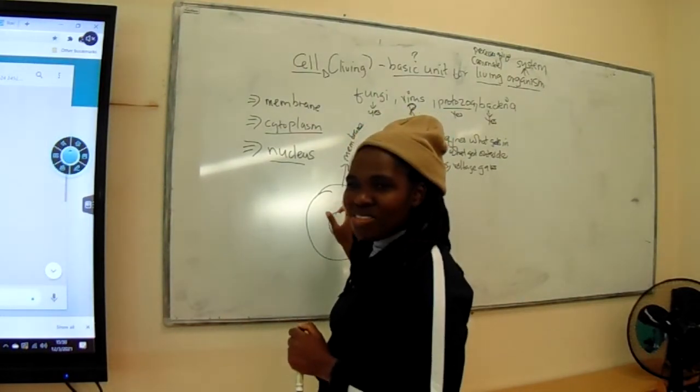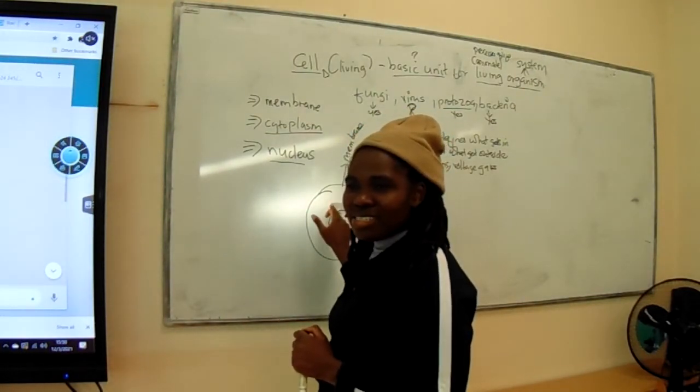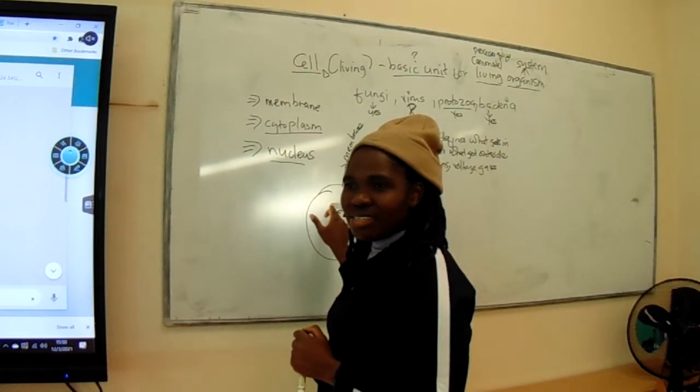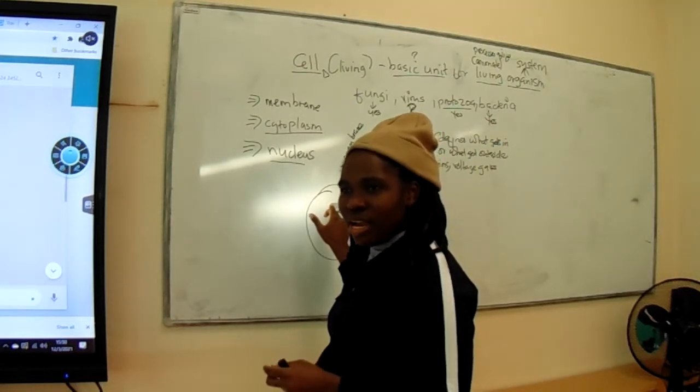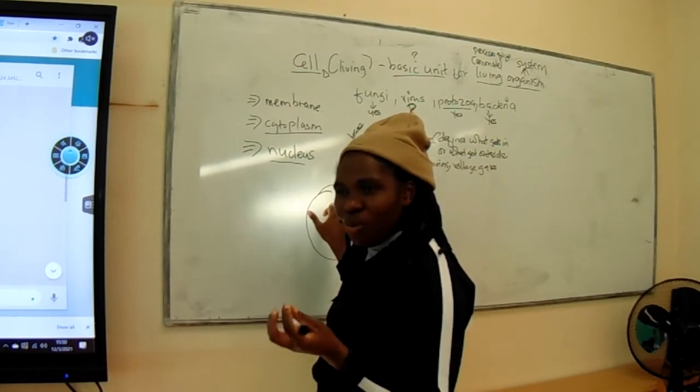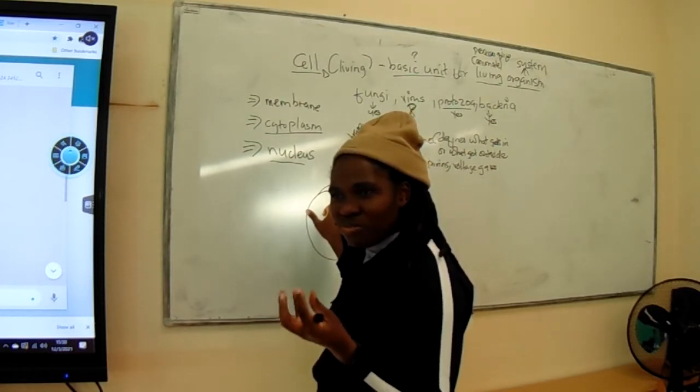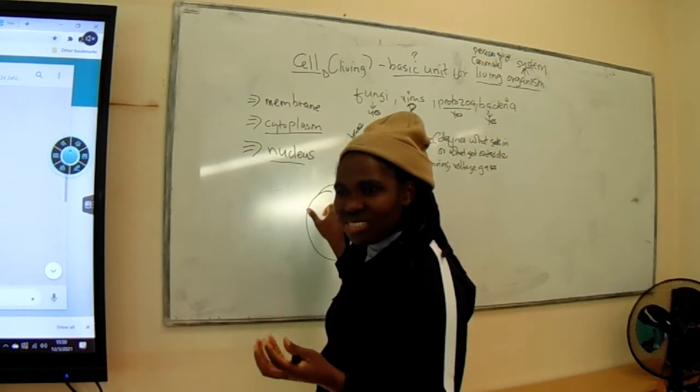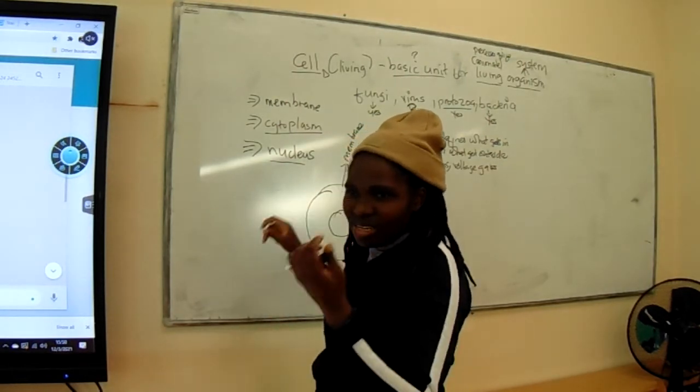What can you say of the cytoplasm? Cytoplasm is the space that all the other... We can't call it space because it's not a vacuum. So what is it? Is it the liquid then? Exactly. It's liquid.